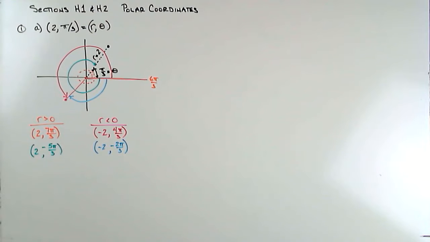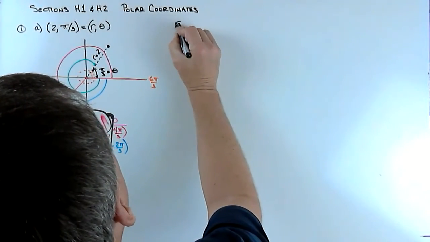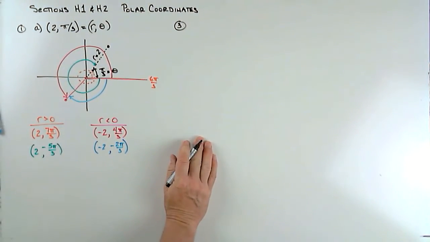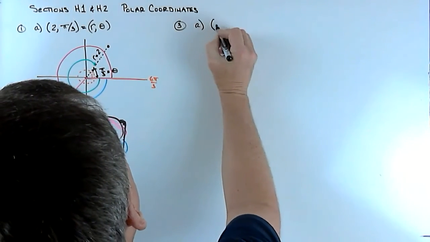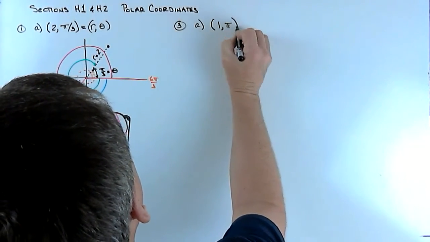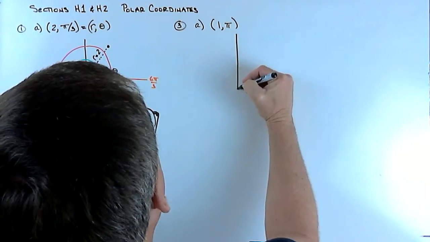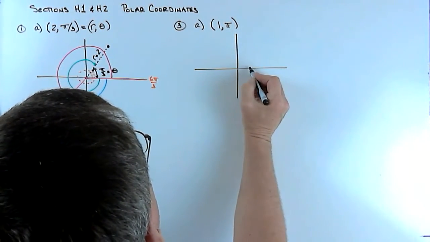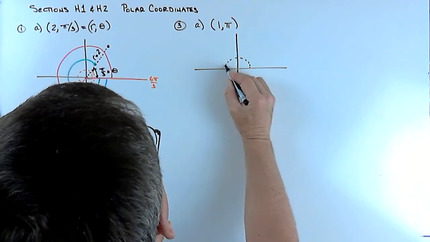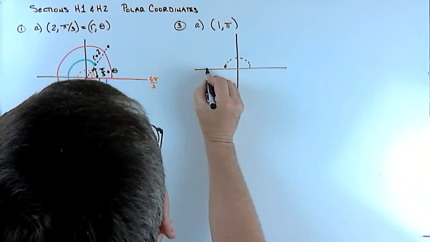Question number 3 says plot the point whose polar coordinates are given, then find the Cartesian coordinates of that point. So in question 3, in part A, we're given the point (1, pi). Now, if we plot that point, we know our angle is pi, so our angle is right here, and r is 1.